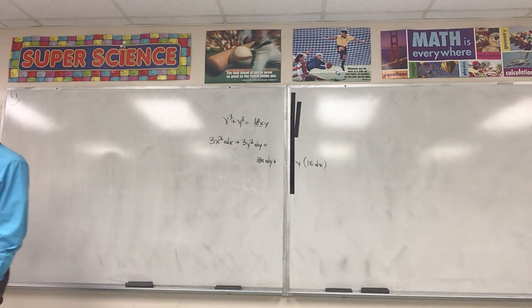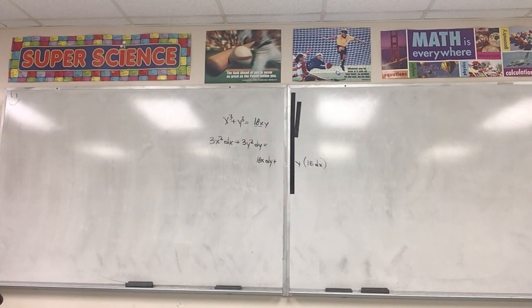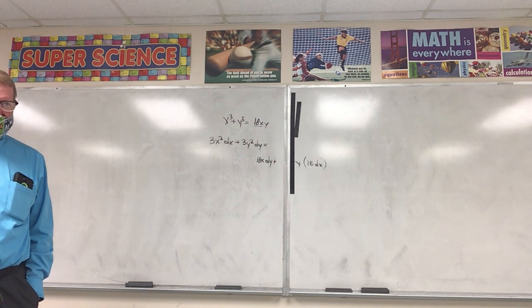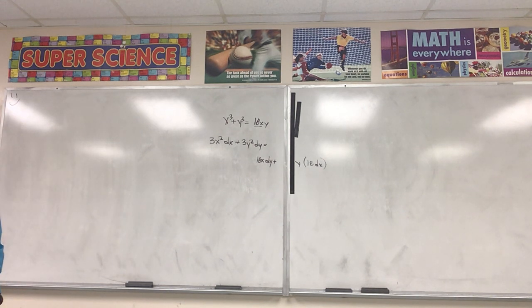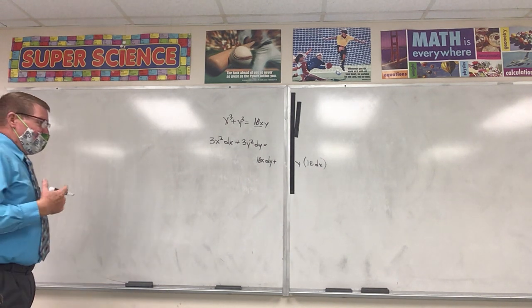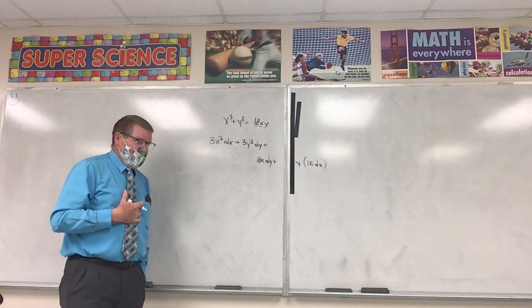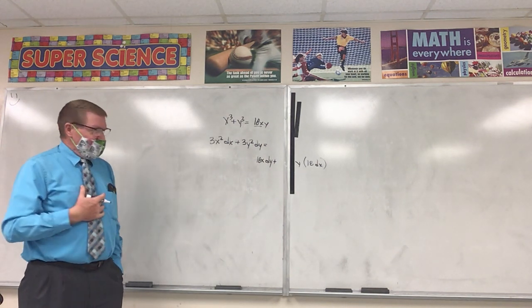So whenever I take a derivative of a term with a particular variable, I'm always going to write d, whatever that variable is, afterwards. Again, my goal is to get dy over dx.